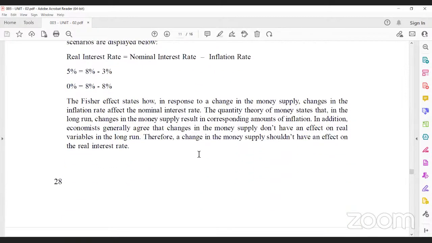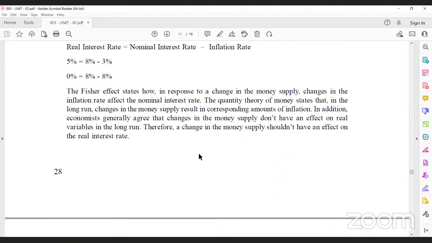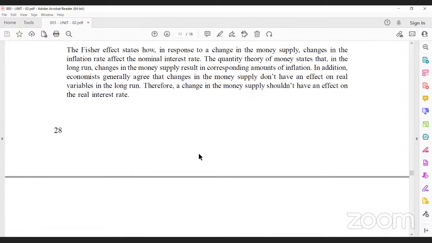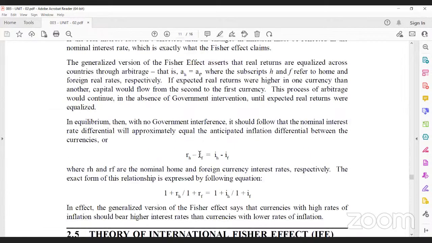This Fisher effect shows in response to money supply. Therefore, it is said that the money supply should not have an effect on the real interest rate. Okay.